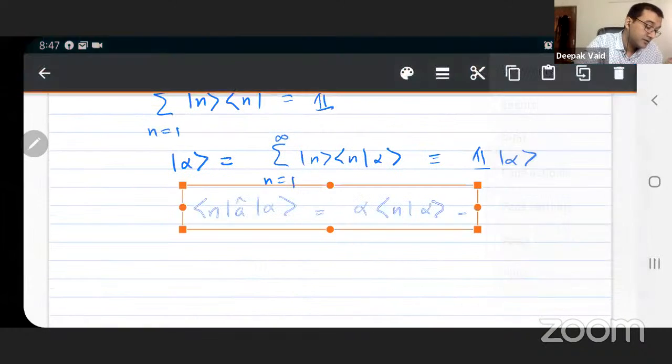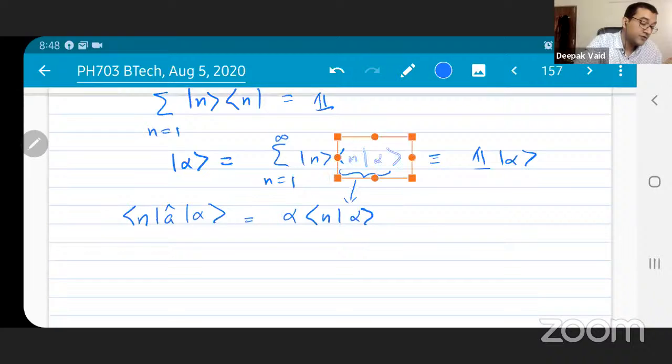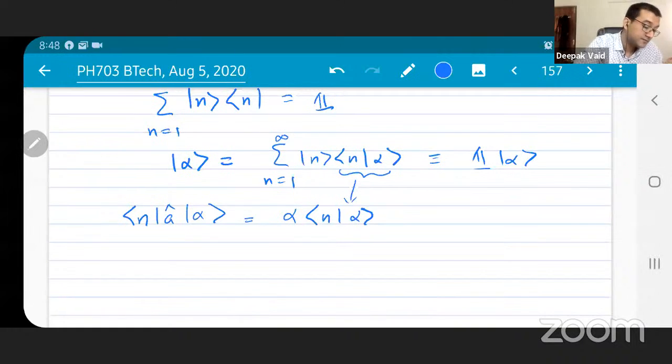We have this quantity, right? We want to calculate this quantity. So if we can calculate this coefficient, then basically it will give us an expansion of alpha in terms of the eigenstates.